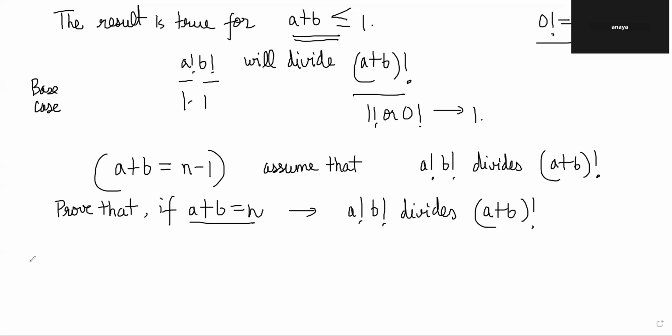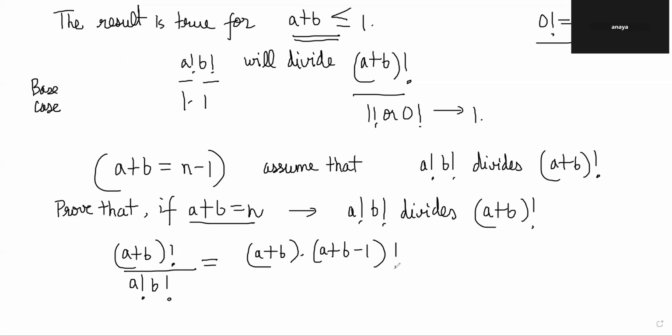So basically, we'll try to calculate what this is divided by a factorial b factorial, and we can write this as a plus b into a plus b minus 1 factorial.